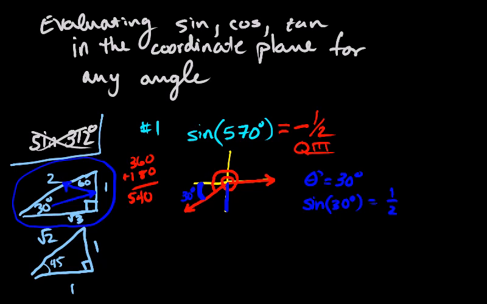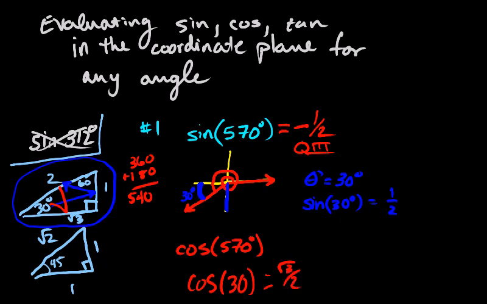And that's it. You could do the same for cosine. It would have been the same reference angle. So cosine of 570 degrees. The reference angle would have been 30. And as long as we figure out what the cosine of 30 is, which would be adjacent over hypotenuse, and so that is root 3 over 2.